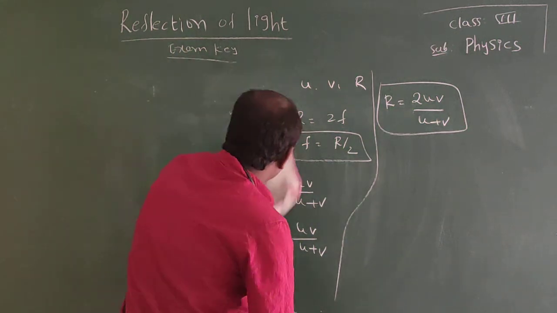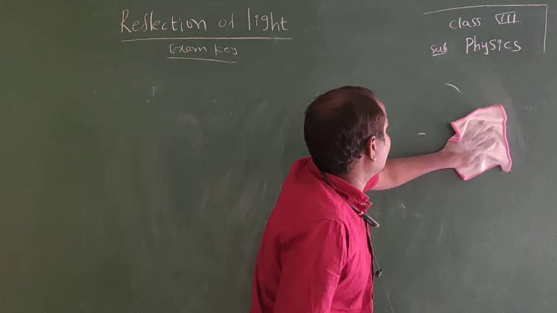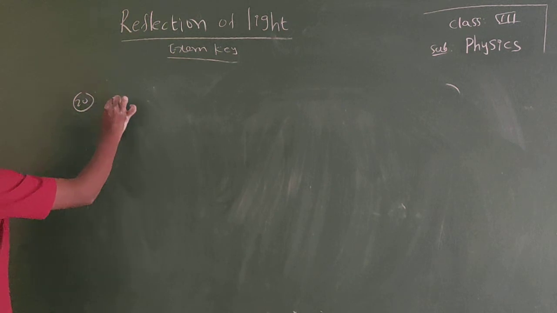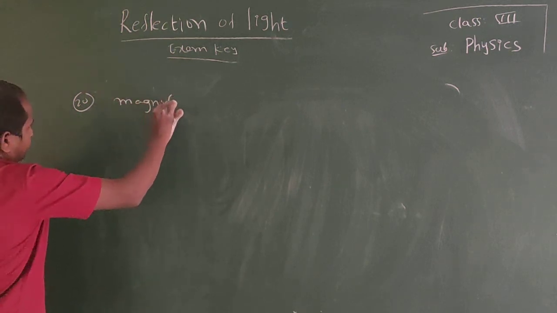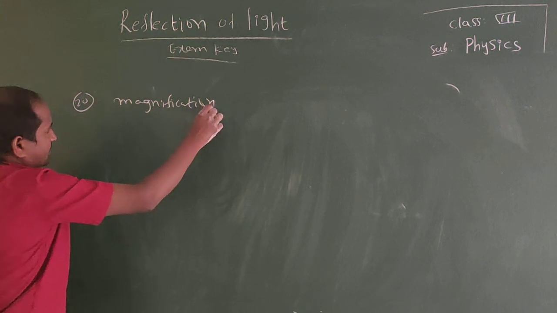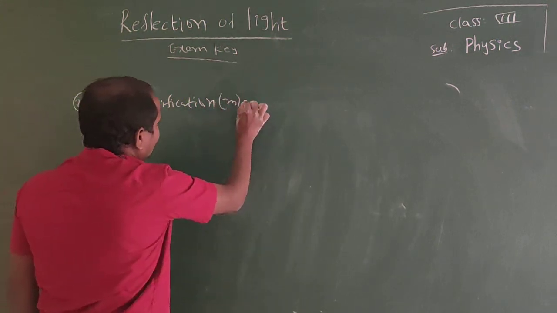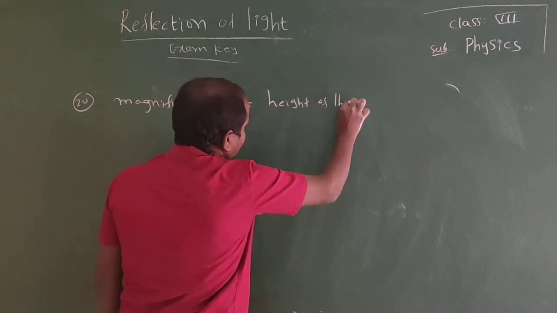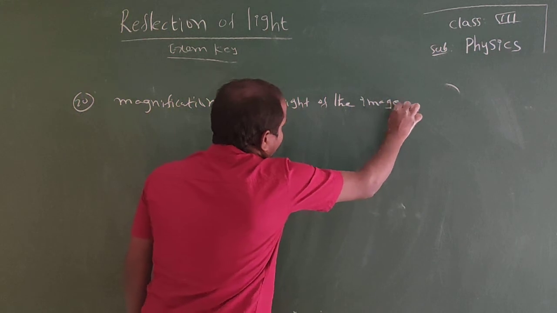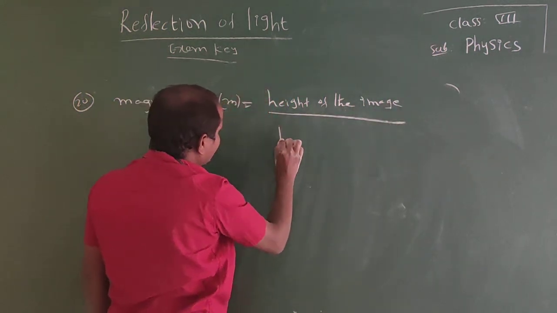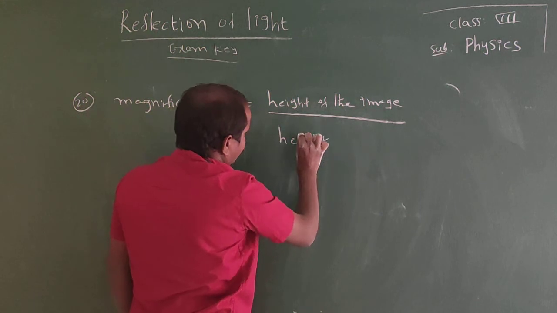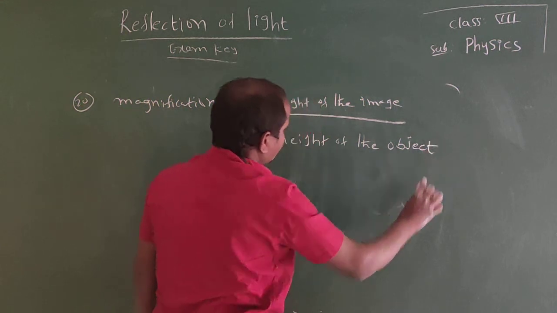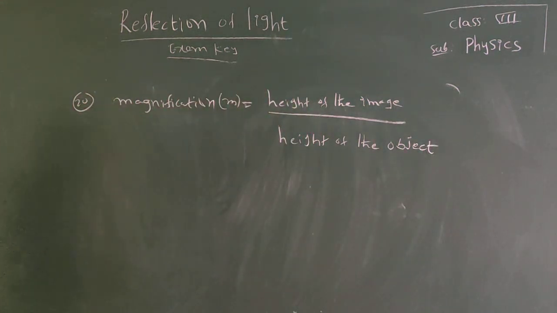Next, the last one, magnification. Magnification M equal to height of the image by height of the object.